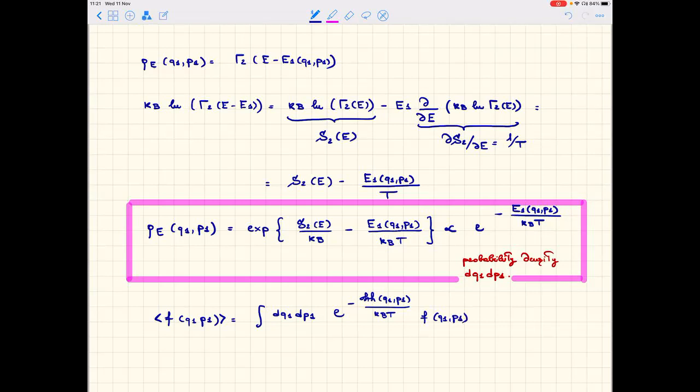And of course, I have to normalize everything by this integral here, dq1 dp1 e to the minus H divided by kbt.